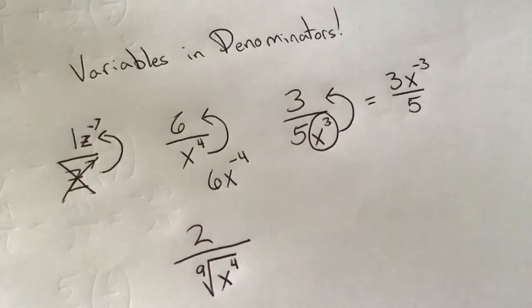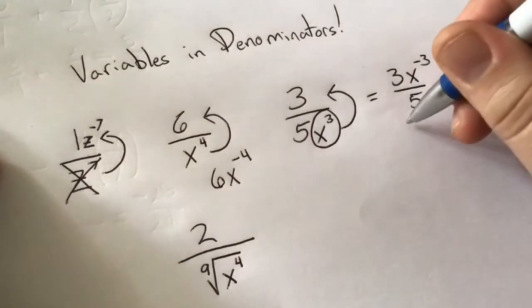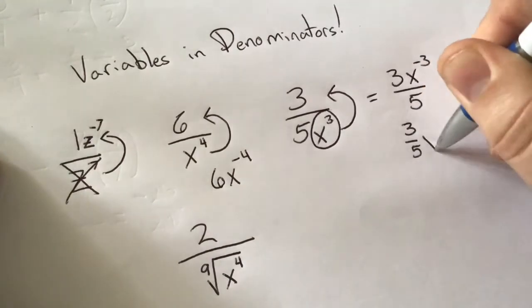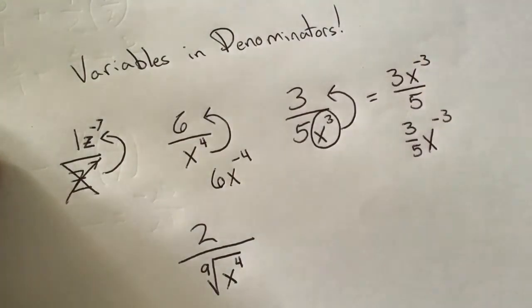But I also think that for derivative purposes, that may not be the best way to write it. Instead of 3x to the negative 3rd over 5, making it look like that 5 has to apply to the entire expression, we could write it like this: 3/5 x to the negative third.